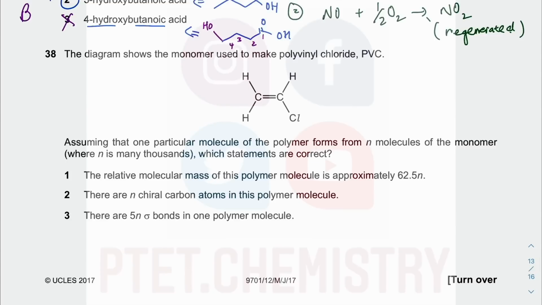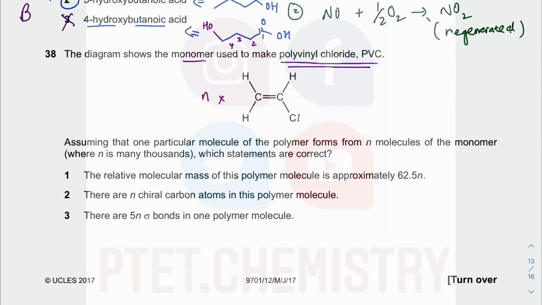Question 38. This is a monomer used to make polyvinyl chloride. So this one you have learned since O-level in GCSE. Assuming that one particular molecule of the polymer forms from n molecules of the monomer, which statements are correct?